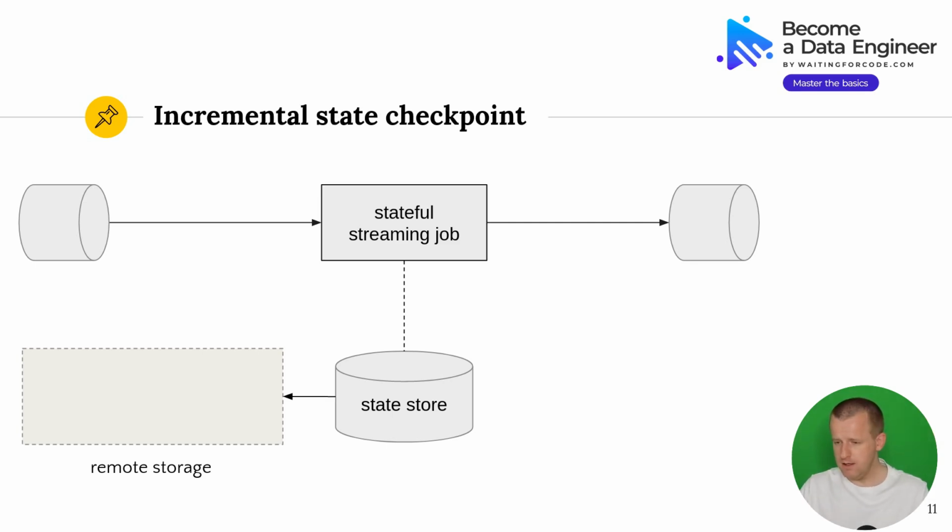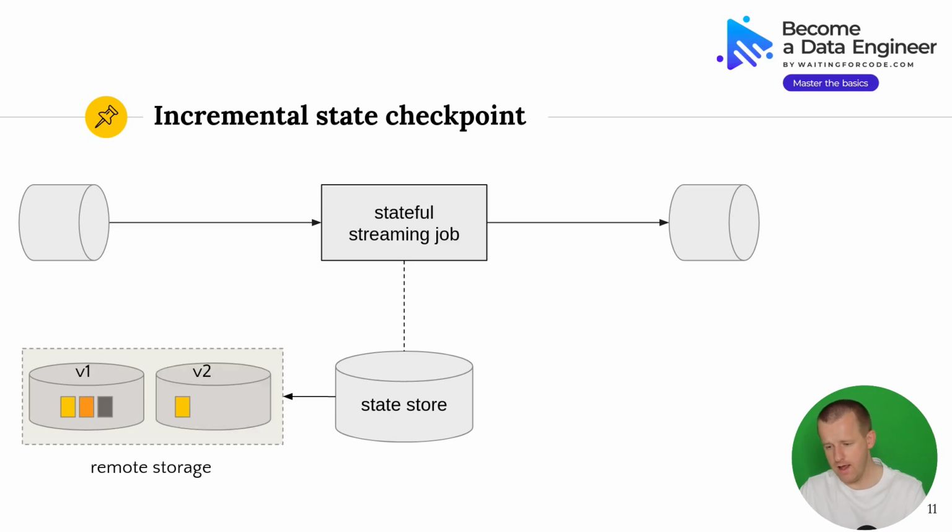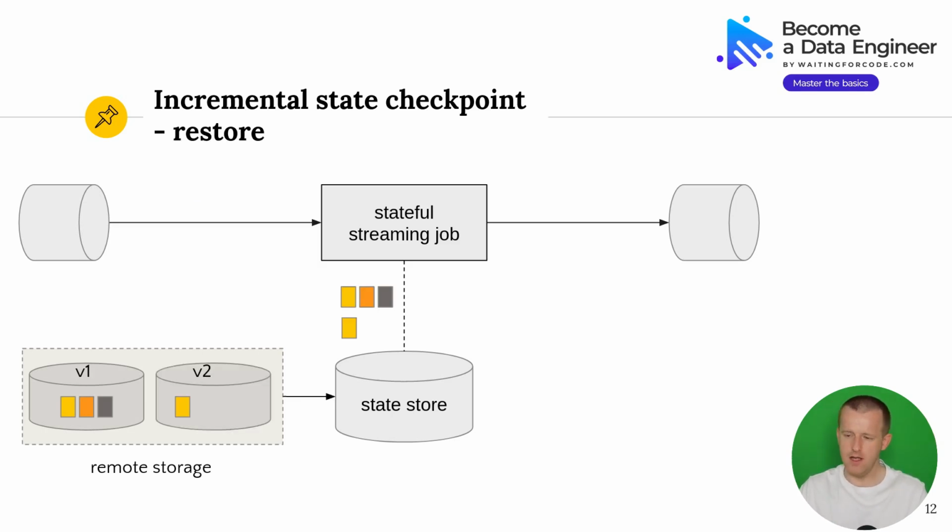When it comes to incremental state checkpointing, let's take the same example, but with incremental logic. Here we have all 3 records, and here we have only 1. Now, for the restore process, we start by loading the oldest version first. It's loaded into the memory cache, because remember it simplifies and accelerates the processing a lot.